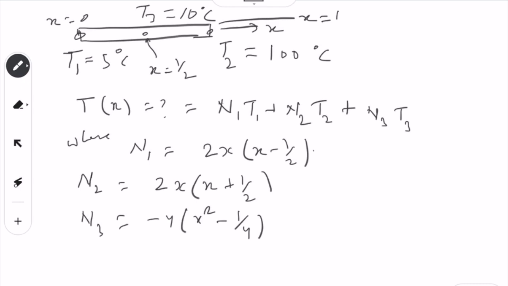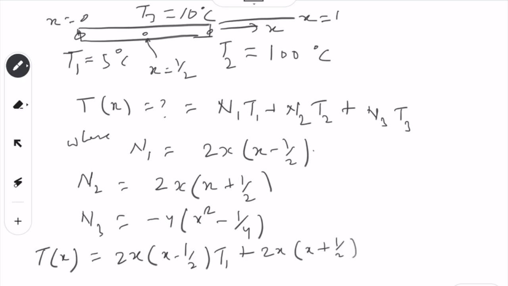So that means this is how we can write T(x): it will be equal to N1 times T1, so 2x(x minus half) T1, plus 2x(x plus half) T2, then minus 4(x square minus 1/4) T3.